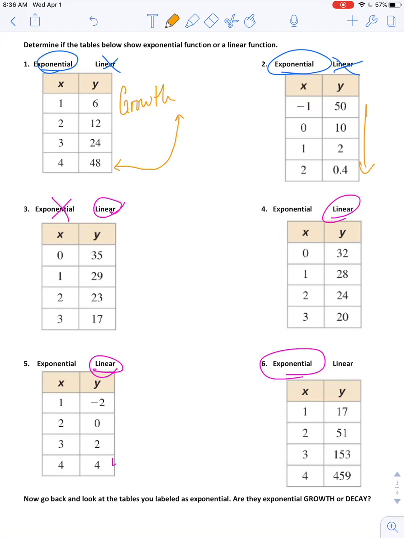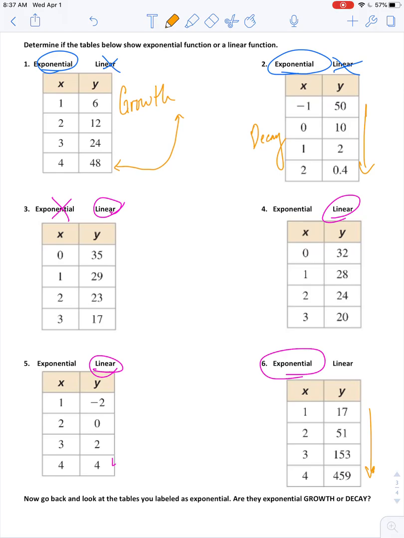And number 2 is another exponential. And as I go down the list, what's happening to my numbers? As I go down that list, those numbers keep getting smaller. I keep dividing by 5. So I'll call that an exponential decay function.